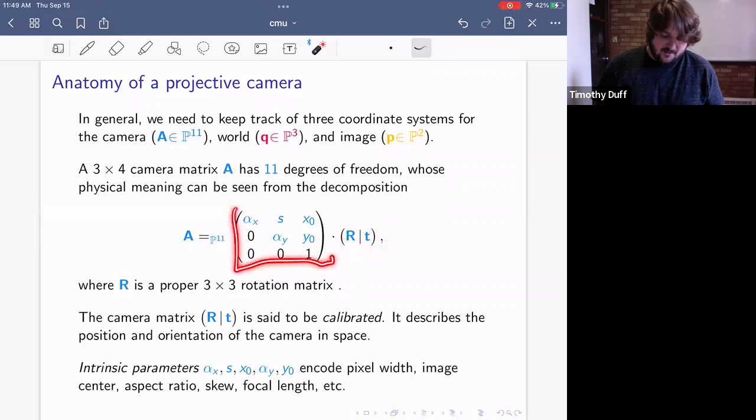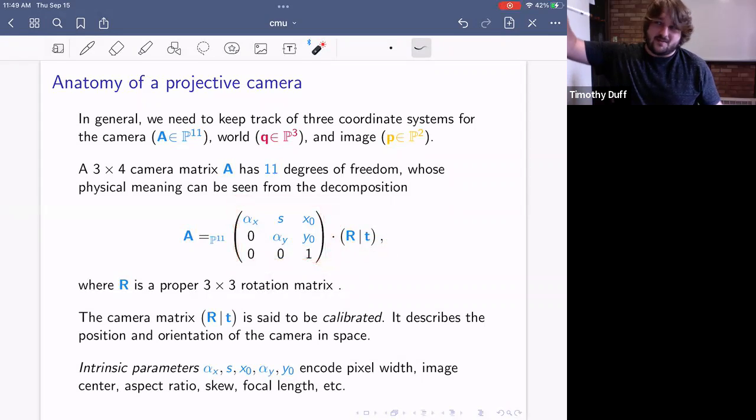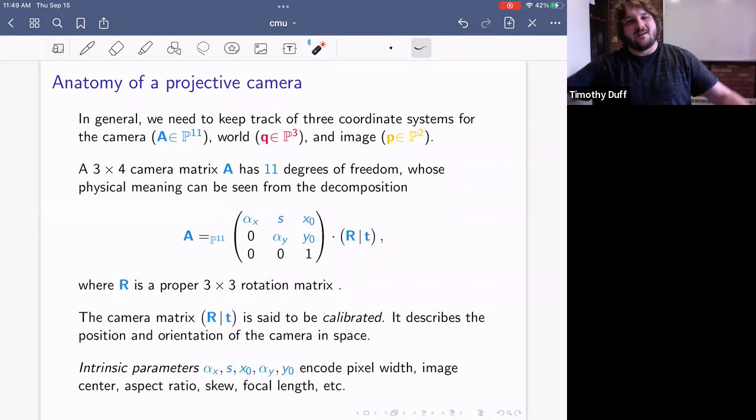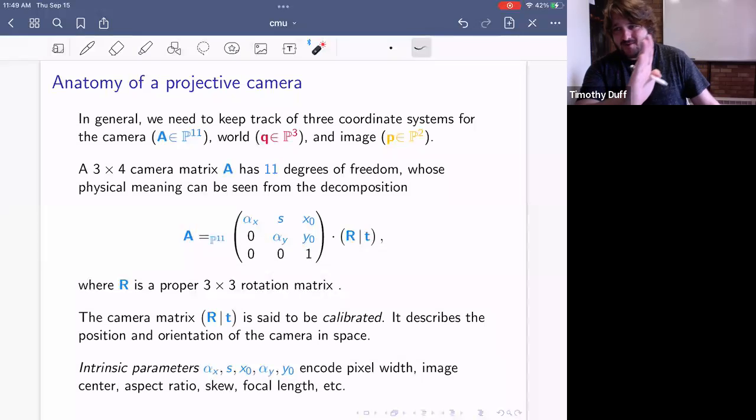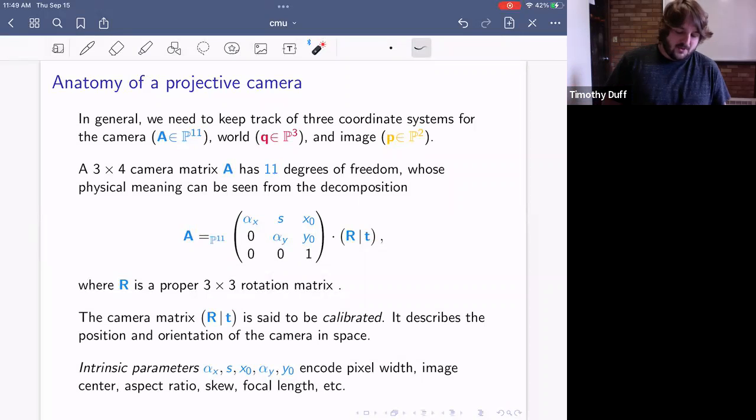And 5 counts the degrees of freedom involved in an affine transformation with the image. These are like internal parameters of the camera. But the point of this slide is just to make you not so nervous about taking the leap from this very special camera matrix I0 to an arbitrary 3x4 matrix, which I'll be denoting by A.